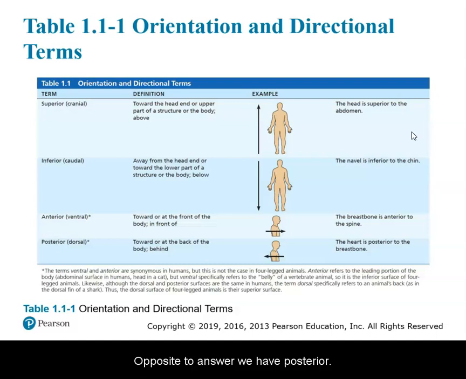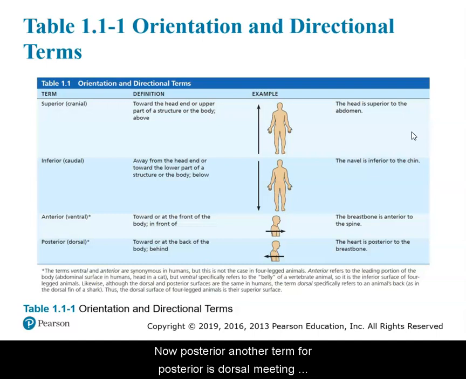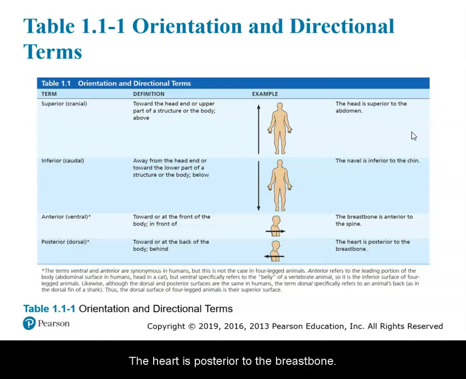Opposite to anterior, we have posterior. Another term for posterior is dorsal, meaning towards the back. Again, think of the dorsal fin of a dolphin. Posterior means toward or at the back of the body, also meaning behind. An example of this would be the heart is posterior to the breastbone.